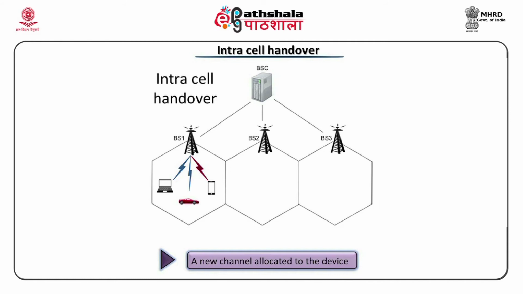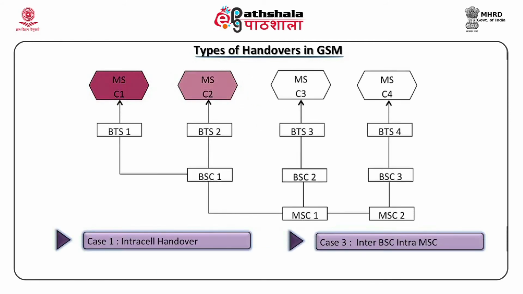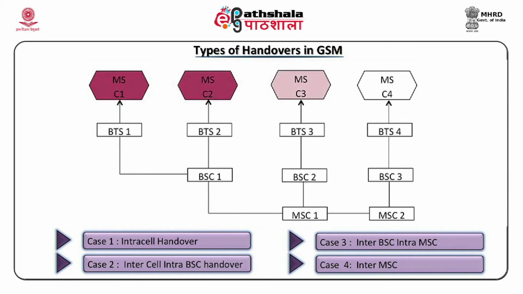Just look at the diagram shown in the PPT. You can see that there are 4 cells C1, C2, C3 and C4. All the cells belong to 4 BTSs, that is base station transceiver systems. BTS 1 and BTS 2 are controlled by one BSC, that is base station controller.